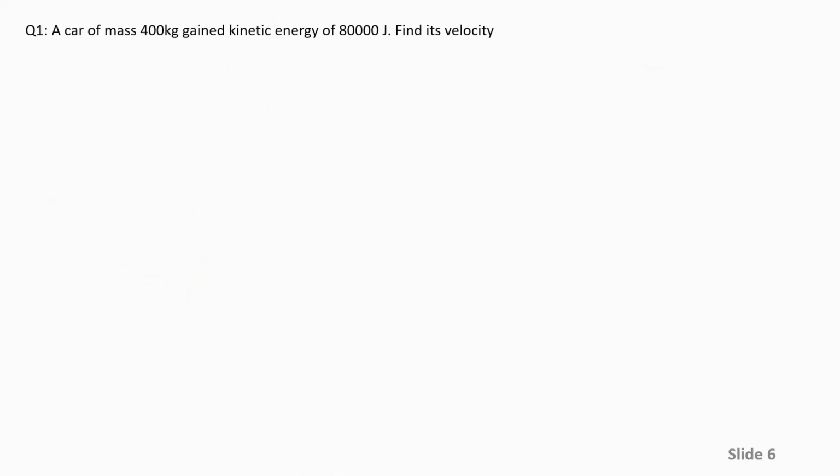A car of mass 400 kg gained kinetic energy of 80,000 joule. Find its velocity. We are given mass and kinetic energy. We are asked to calculate velocity. So we know kinetic energy is mv square over 2, and rearranging the equation we get velocity square is equal to 2 times kinetic energy over m.